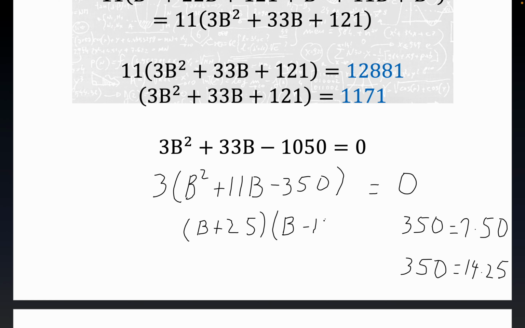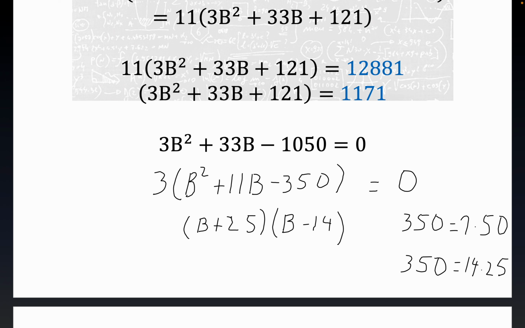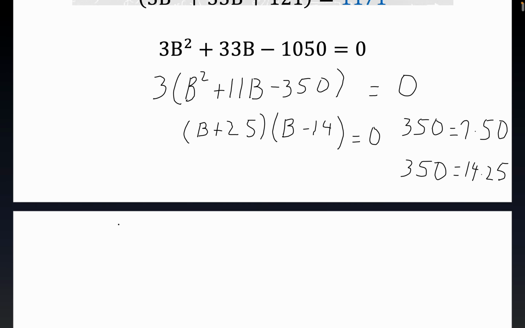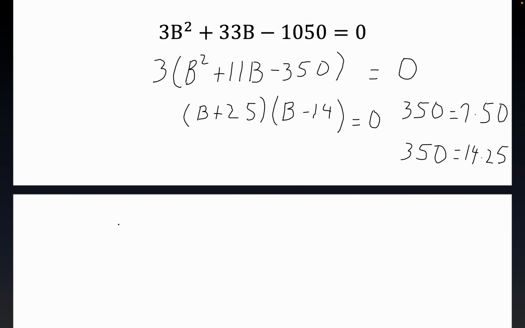Right? And again, ladies and gentlemen, what I did is I divided by 3 first of all, and then I factored. All right, 0 divided by 3 is 0. That's the free lunch you get in this problem. Okay, and so what happens here is you get b equal to negative 25.